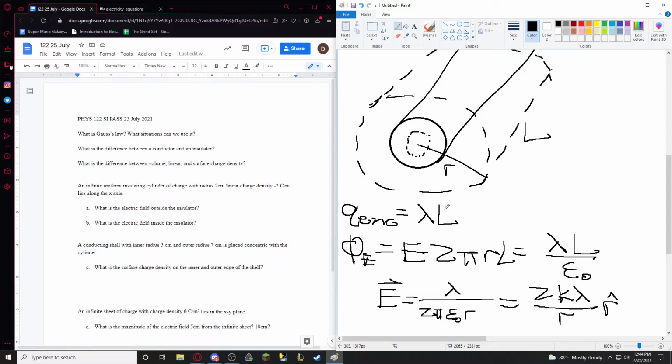But if the charge is the same, didn't we just say the L doesn't really matter? Yeah, but there's a smaller cross-section included. L doesn't matter, but let's find the ratio of this cross-section to the cross-section of the entire cylinder.